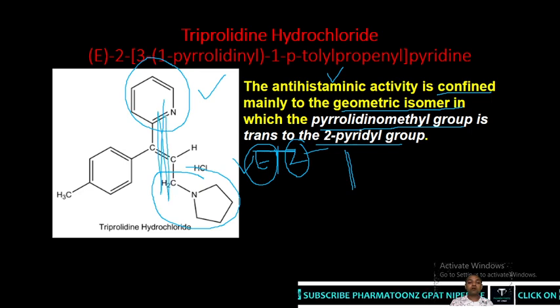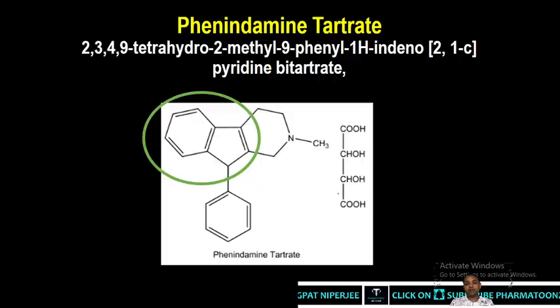So both are in trans position to each other, hence it is called the E isomer. And as we discussed earlier, the E isomer in this unsaturated propylamine derivative is more active compared to the Z one.